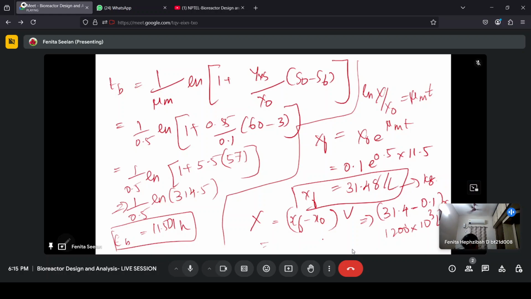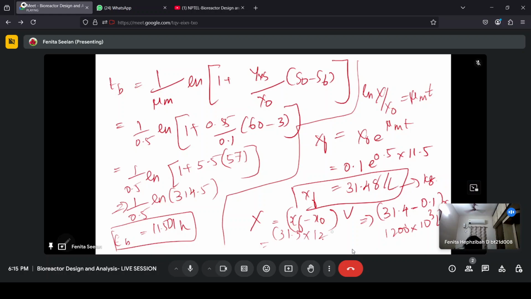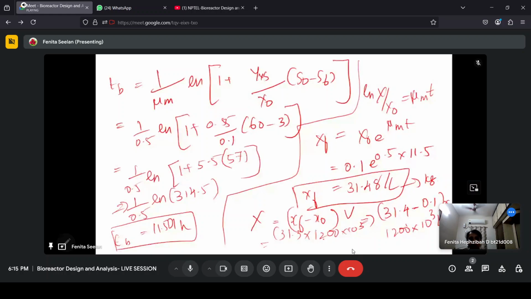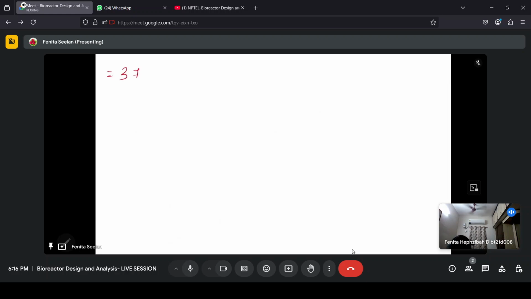So if you do this, the value of X will be around how much? 31.3 into 1200 into 10 to the power 3. 31.3 into 1200 is 37560, in grams, and it's nothing but 37560 kg.